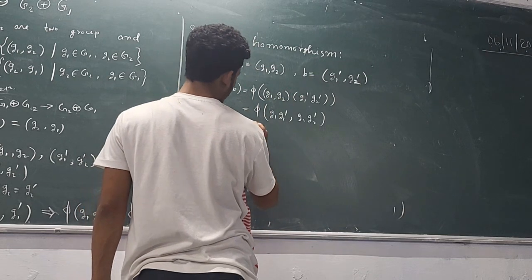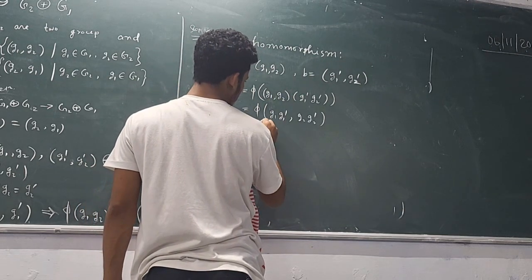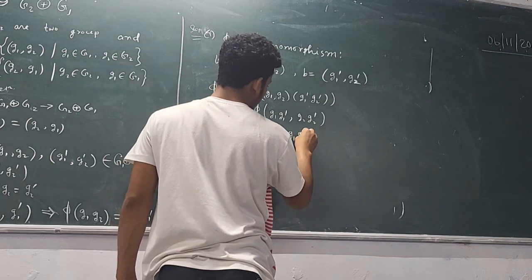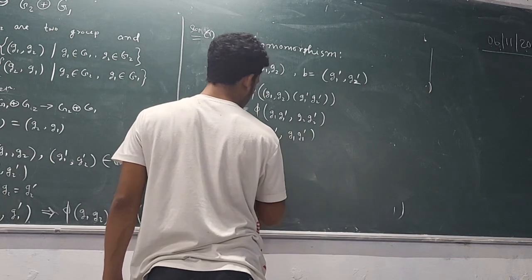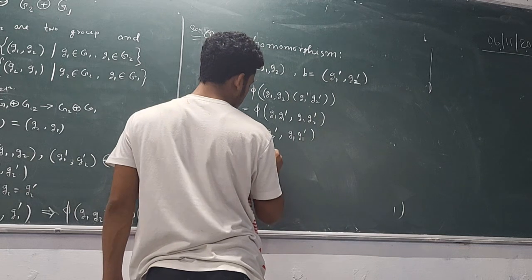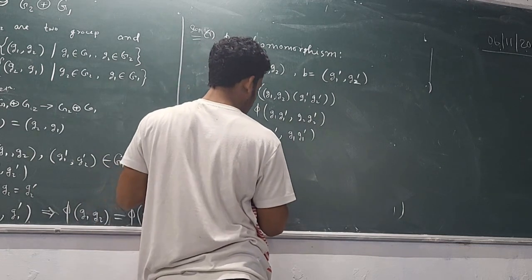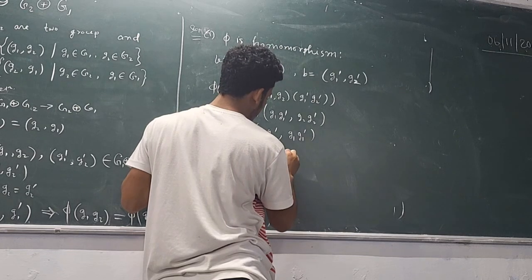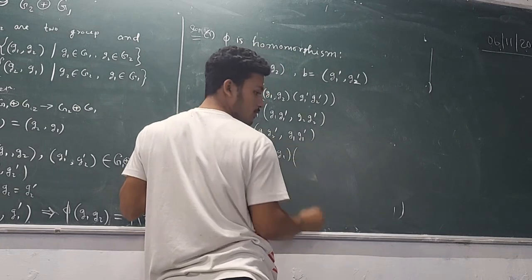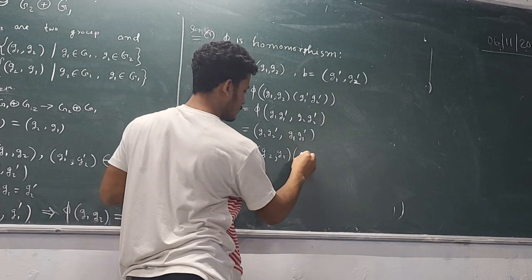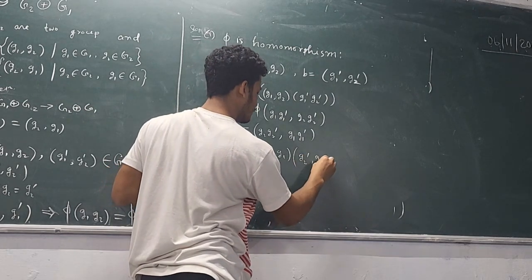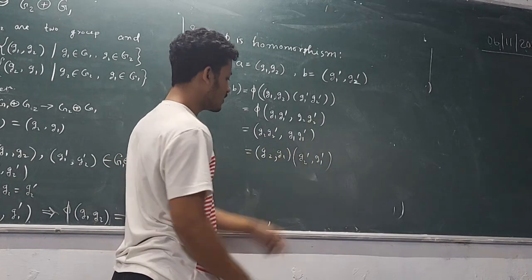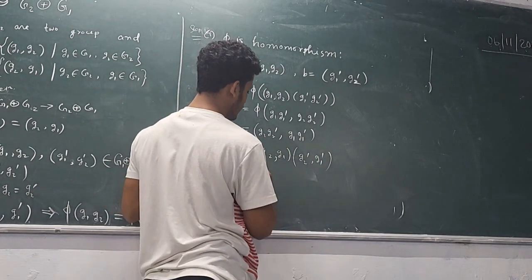Because these are ordered pairs, phi of this is equal to (g2 g2', g1 g1'). Now you can write this as (g2, g1) times (g2', g1'), so (g2 g2', g1 g1').